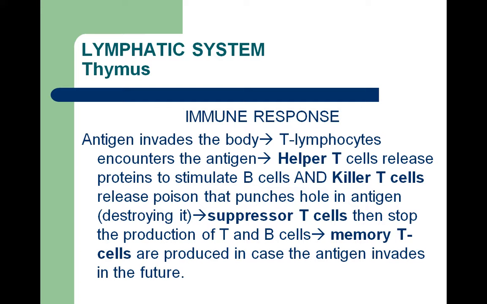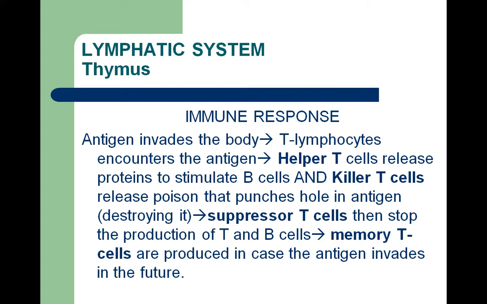So the helper cell meets the antigen, and in its way, it reproduces something similar to the antigen in the form of T helper cells, also makes T killer cells, remember those cytotoxic cells, it makes T memory cells and T suppressor cells.